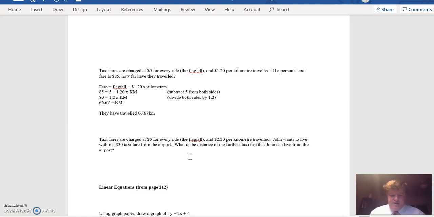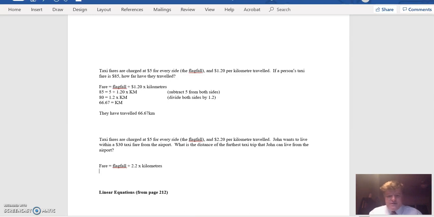So let's go for a rule again. So the fare equals the flagfall plus, in this case, 2.2 times the number of kilometres. This time we're saying that $30 is the biggest fare. So he's got to live within, so the flagfall is $5 plus 2.2 km.